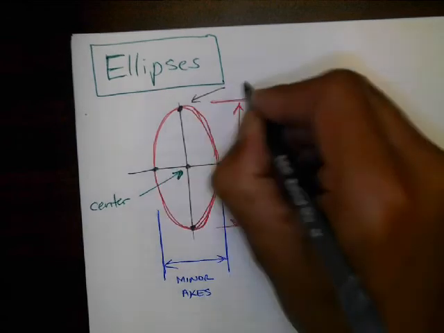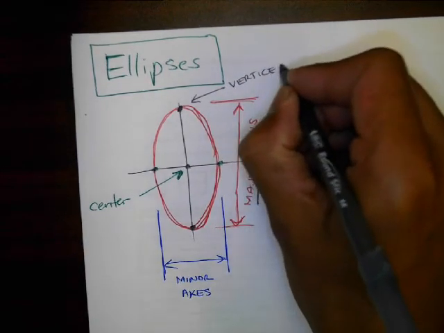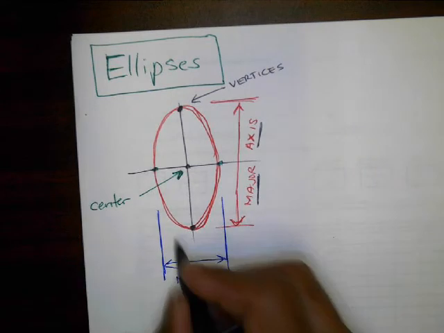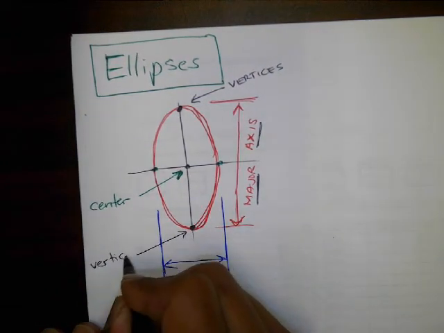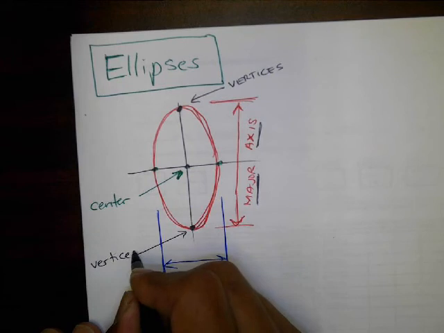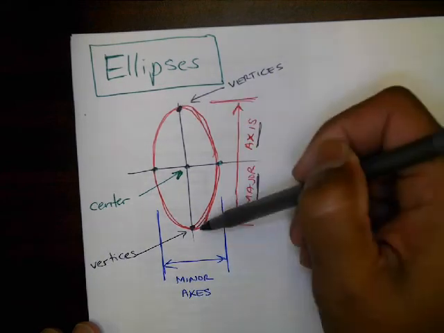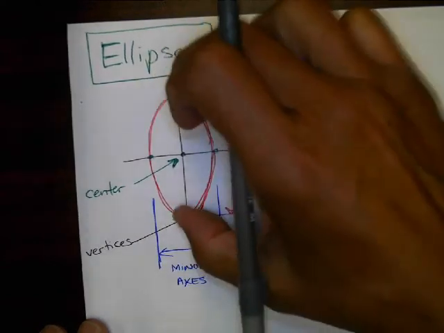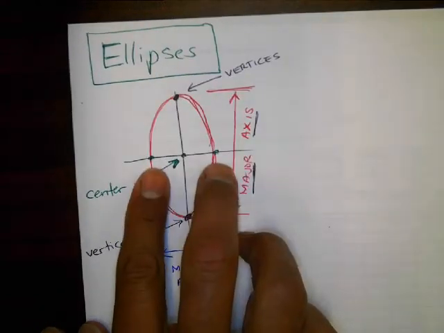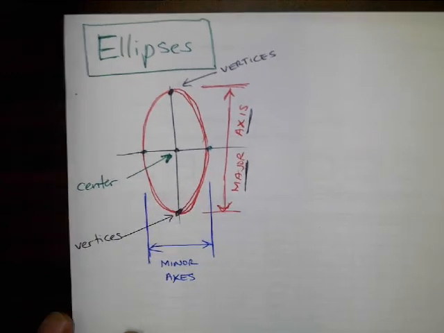So this is one of the vertices, and this is the other one here. Plural, it's vertices, but it's like a vertex and a vertex, right? But it has 2 of them, and it's only on the major axis. For some reason, they don't call out the ones on the minor axis.